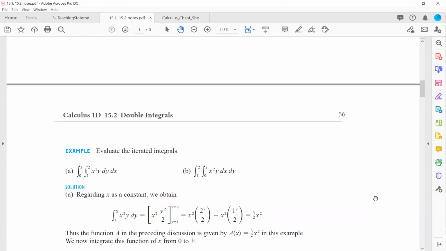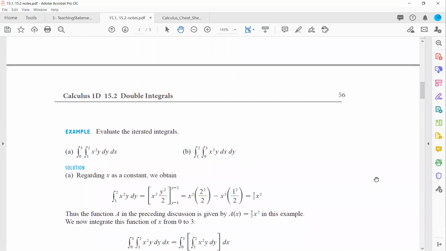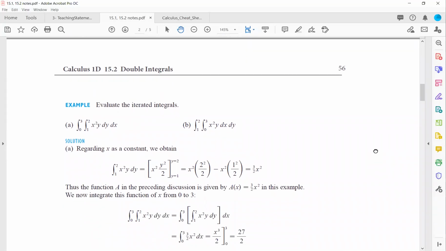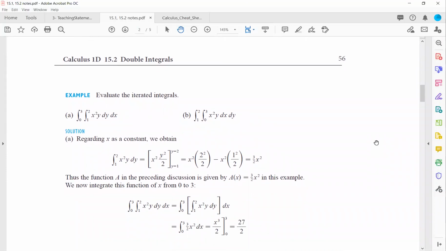Let's take a look at examples to feel more comfortable about this double integral. First example says, find the double integral where y ranges between 1 to 2 and x ranges between 0 to 3 of function x squared times y.